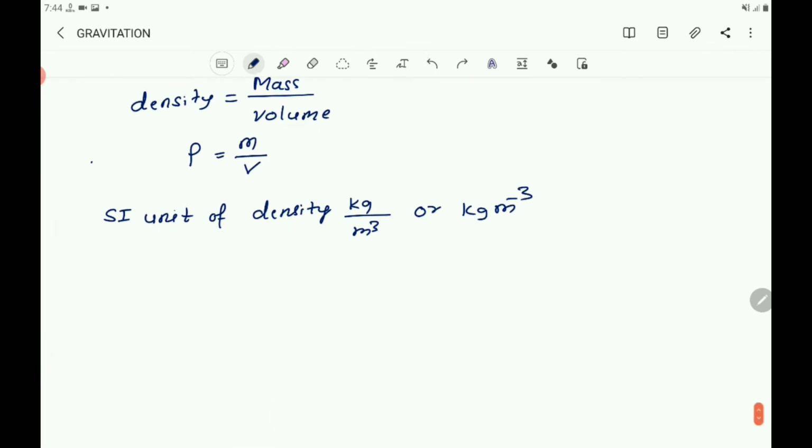Then, the density of a given substance under specified conditions remains the same.